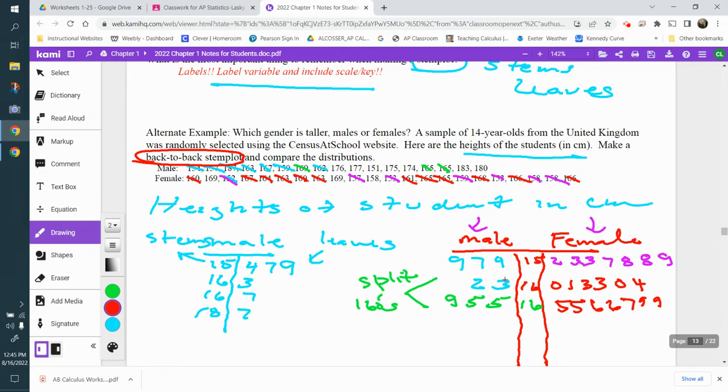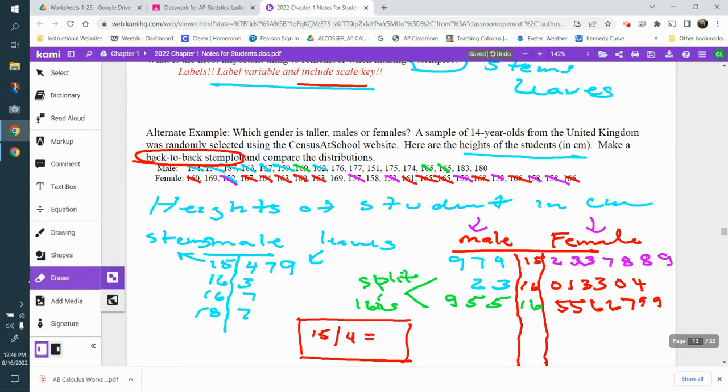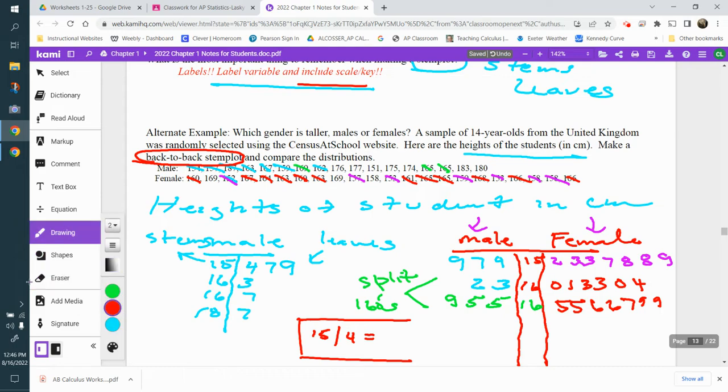Now, what I mean by label, include a scale and a key. So what you do is you go like this, and you take an example of 15|4 equals, yeah, that's going to be too big because my writing is horrid. It equals 154 centimeters.